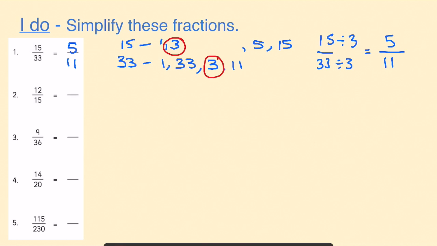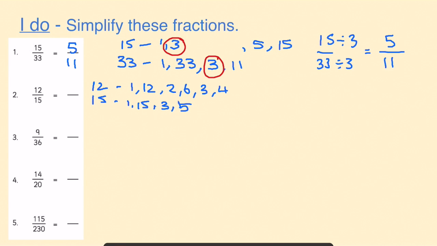Next, I'm going to look at 12 fifteenths. 12's factors are 1 and 12. 2 and 6 times together make 12, and same with 3 and 4. 15's factors are 1 and 15, 3 and 5.